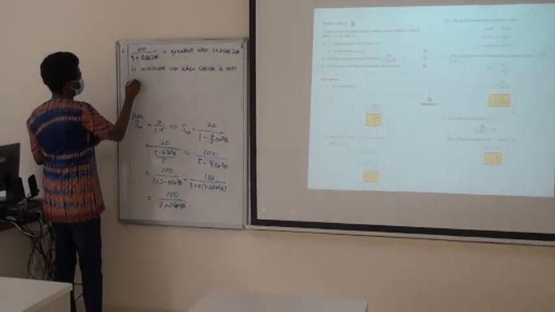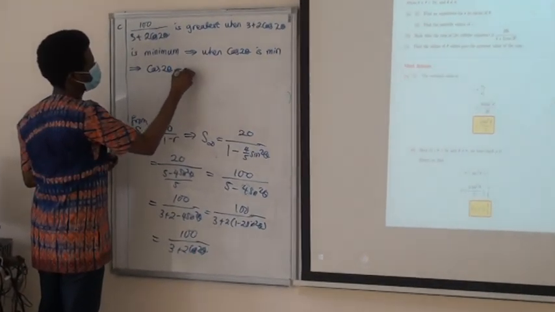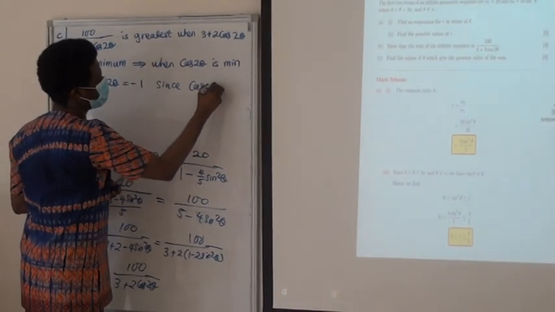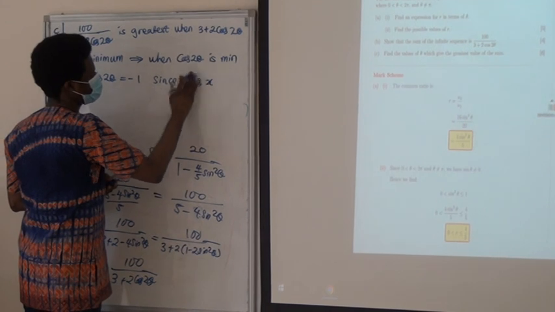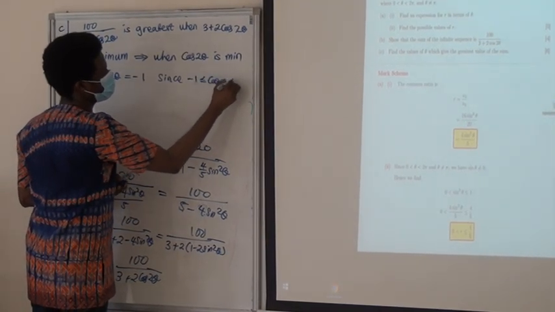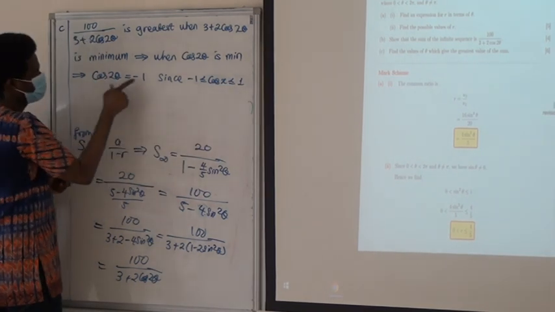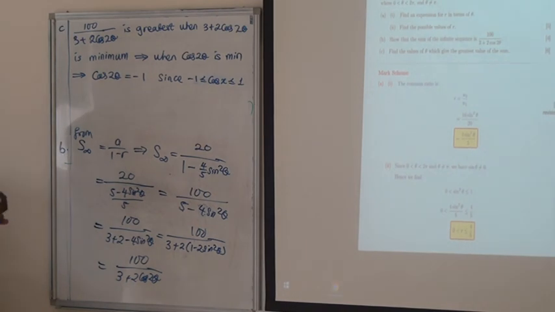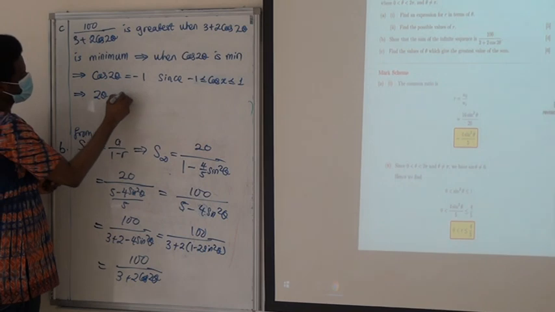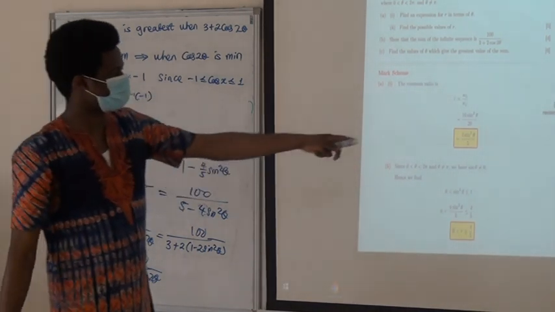Now, cos 2 theta is minimum when cos 2 theta is equal to -1. Why is that? The cosine of any angle x lies between -1 and 1: -1 is less than or equal to cos x. I didn't use theta, I used x this time. So it means 2 theta equals the arc cos of -1. And that is how that was solved.